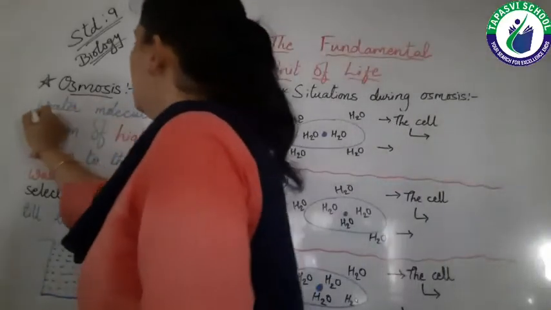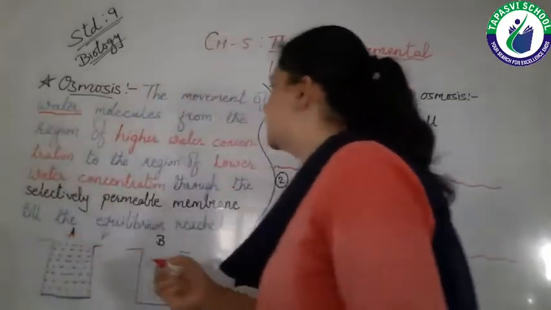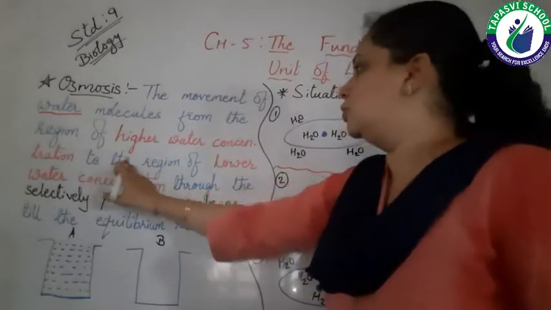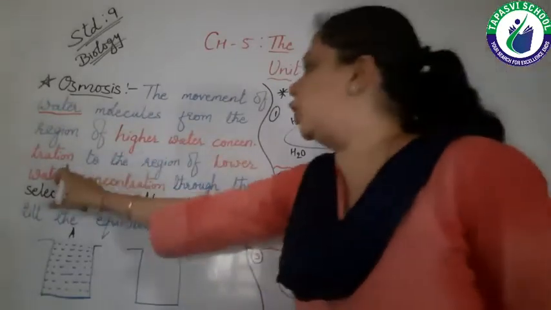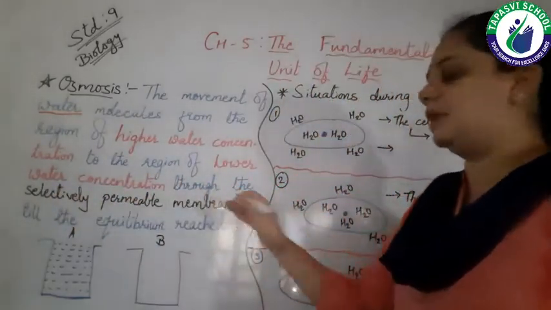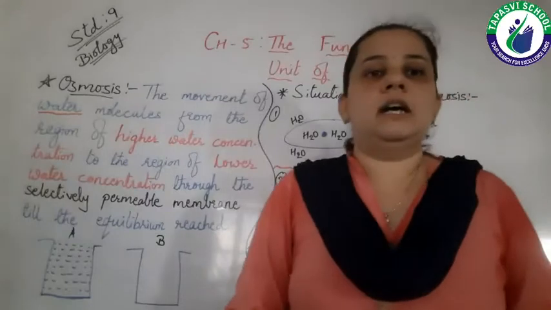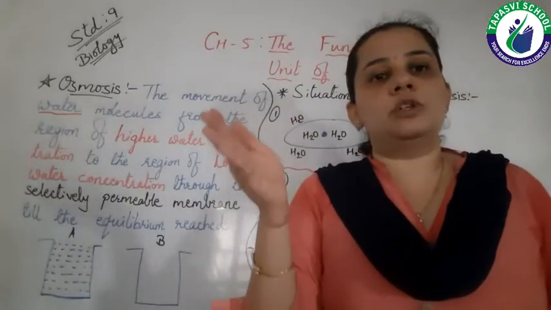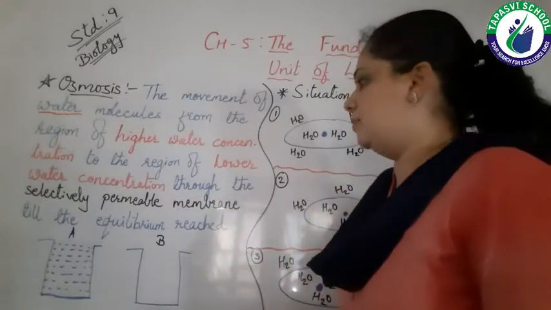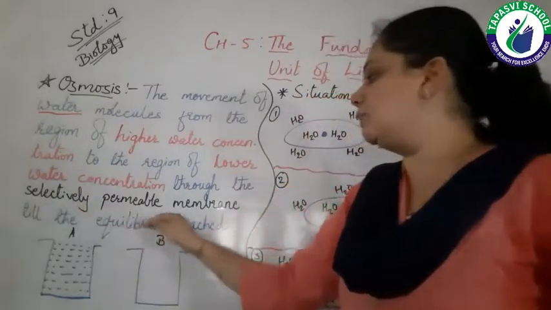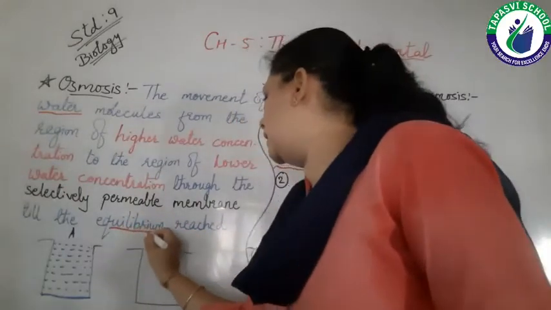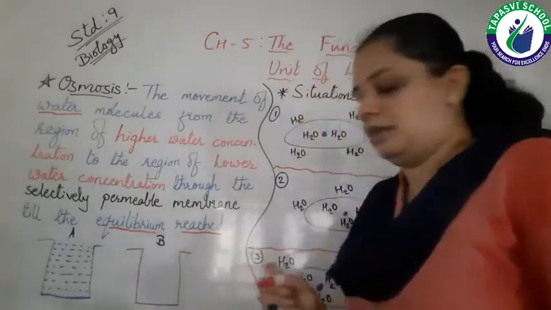So the movement of water molecules from the region of higher water concentration to the region of lower water concentration through the selectively permeable membrane, till the equilibrium is reached. Equilibrium reached means equal on both the sides.